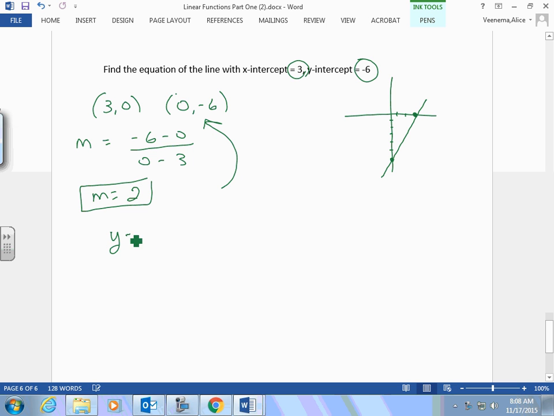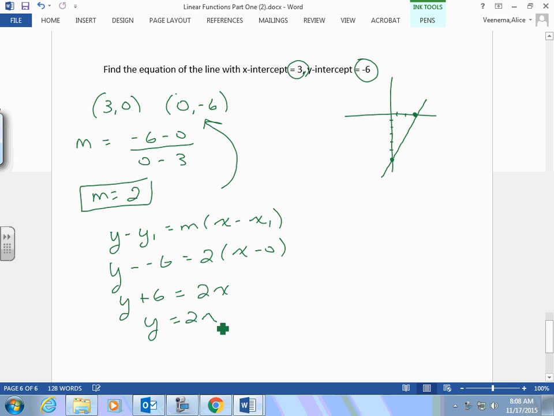So y minus y1 equals m times x minus x1. So y minus negative 6 equals 2 times x minus 0. So y plus 6 equals 2x. Or if we put it in function form, I'll have y equals 2x minus 6, or f at x equals 2x minus 6.